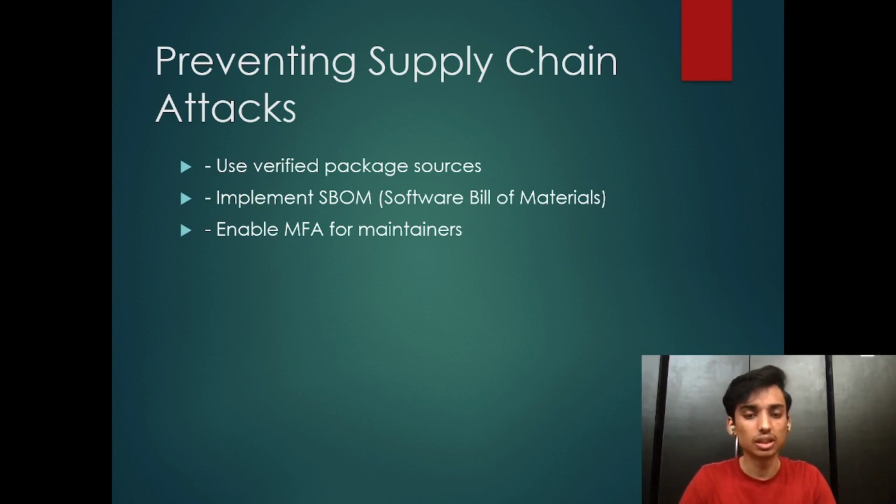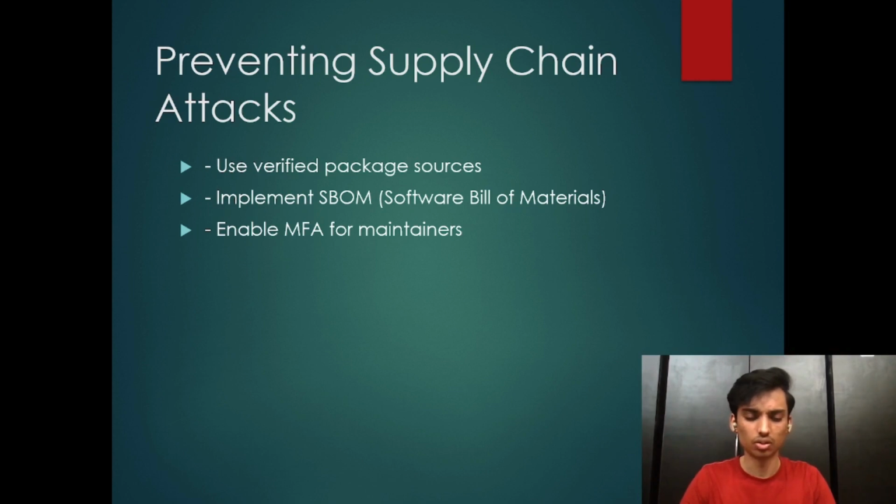A complete list of all software components helps track security risk. Third preventive measure is enabling multi-factor authentication (MFA) for maintainers, which prevents unauthorized access to package maintainer accounts. Following all these three practices, one can significantly reduce supply chain attack risks.